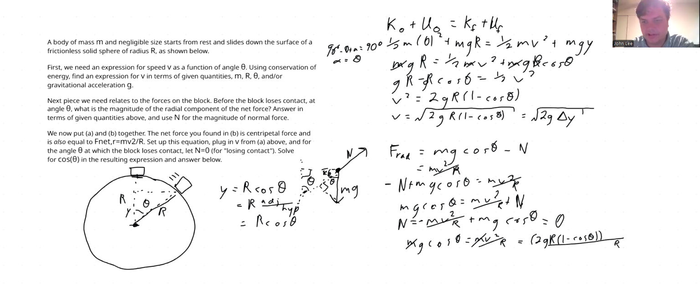So the r's are going to cancel out, r over r is going to cancel out, and you can also cancel out the g in both of these cases.